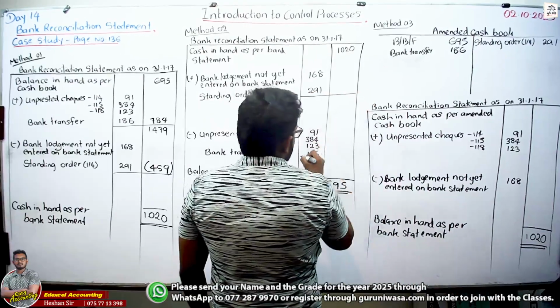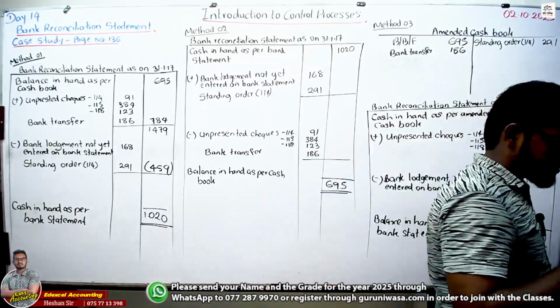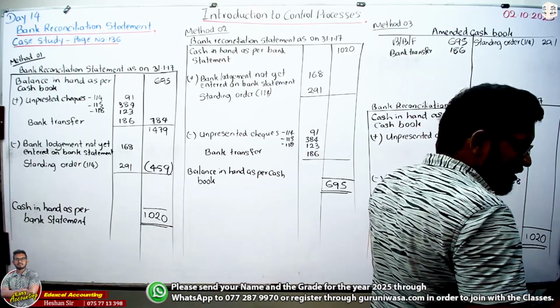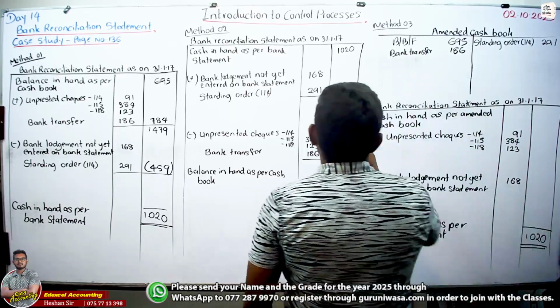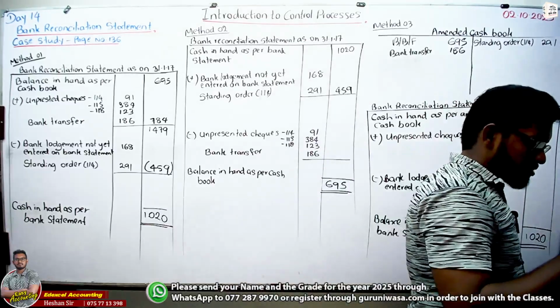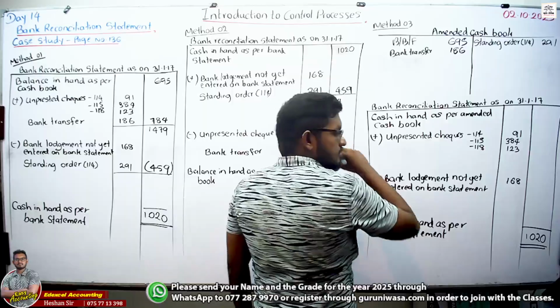Okay, now in here, get the total of these two: 168 plus 291. How much? 459. Plus 1020. How much? 1479.